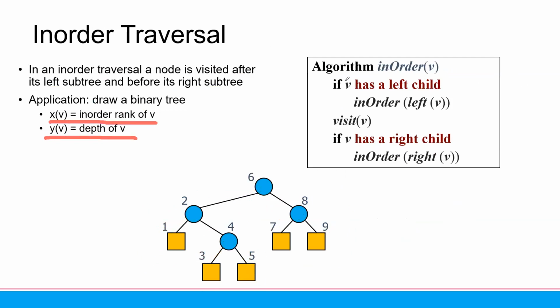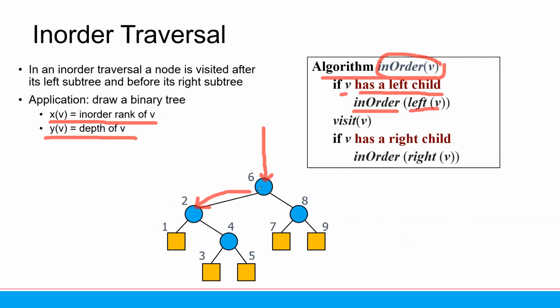We can make the algorithm like this: inOrder(v). If the vertex or the node has a left child, okay, let's start with this one. This node has a left child, yes. Then we do inOrder of the left of v.